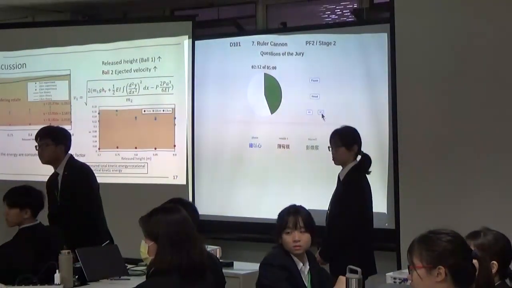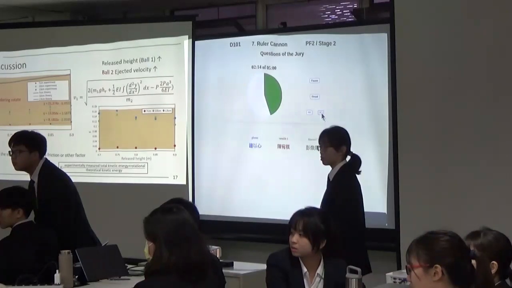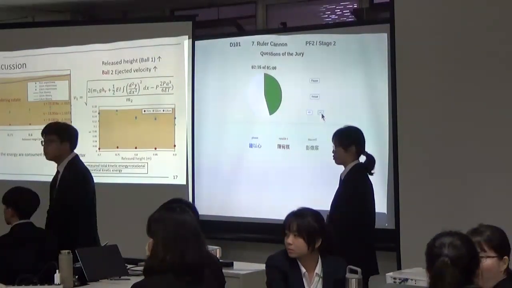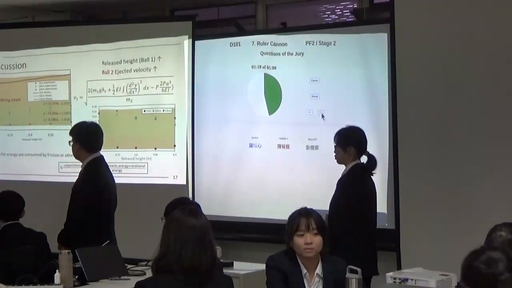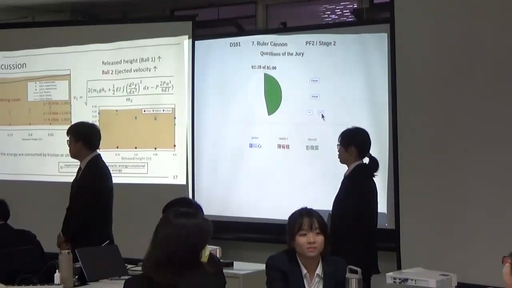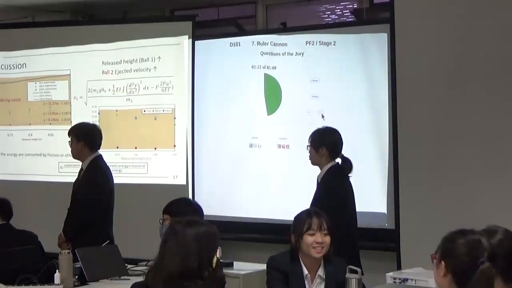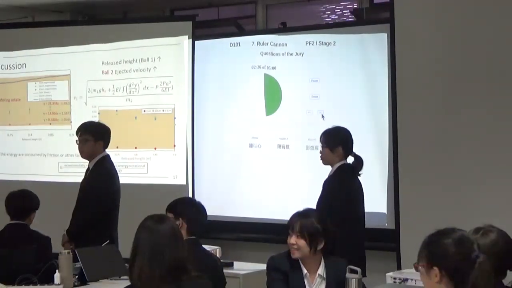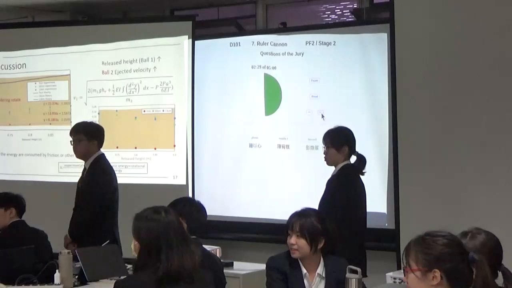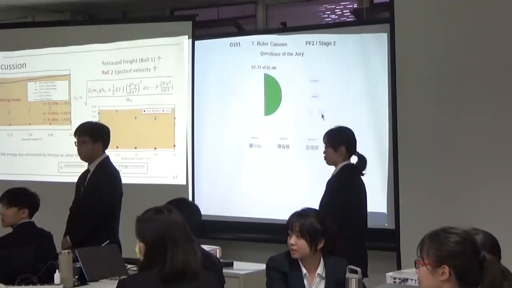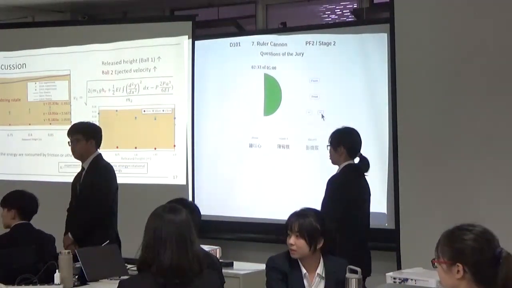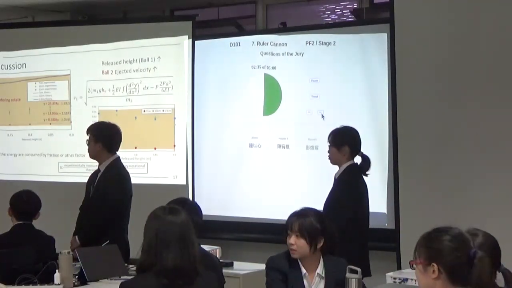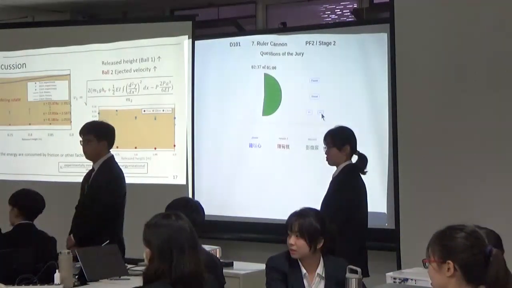The ball transfers all the rotation energy to the system, because you use energy HR, right? This is the rotation energy of the ball, and it transfers to the system totally.